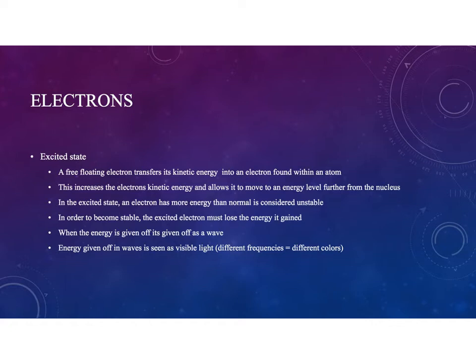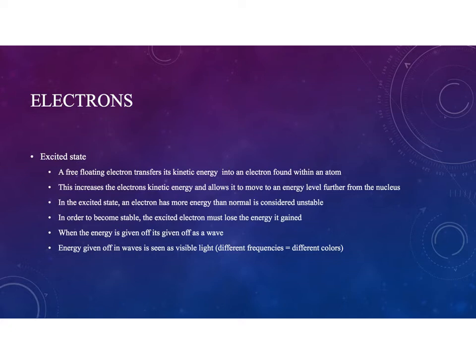Therefore, the energy levels closer to the nucleus are of less energy, and the ones farther away are of higher energy. Therefore, you find electrons of much higher energy farther away, and electrons of very small energies closer to the nucleus.